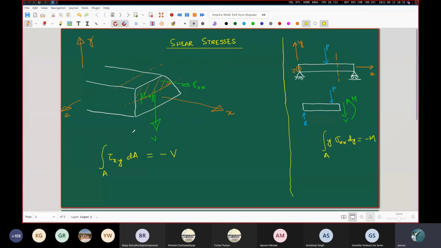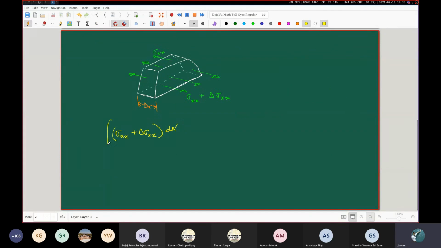So what I mean to say is that this hatched portion, that area is A dash. So this integration is over that A dash, minus sigma xx, again the same area. This is the force mismatch.